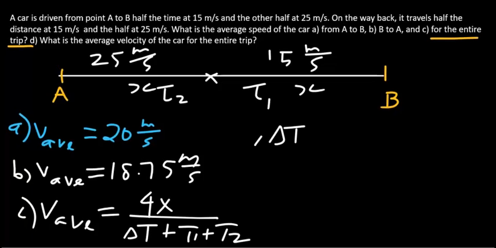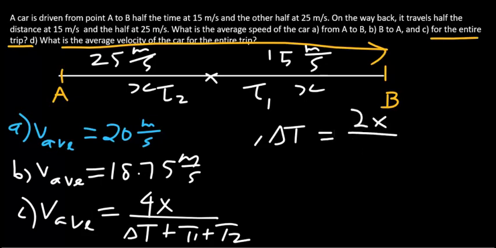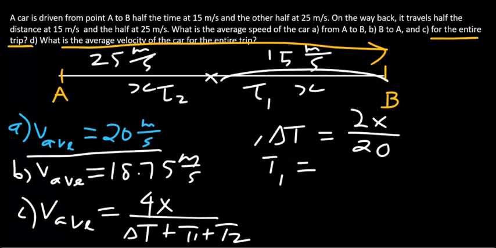Delta t, which is the time it takes to go from A to B, equals the total distance, which is 2x, over the average speed for that motion, which we worked out in part A, and that is 20 meters per second. Likewise, t1 for the return journey equals the distance of that part over the speed for that part, which was 15 meters per second.